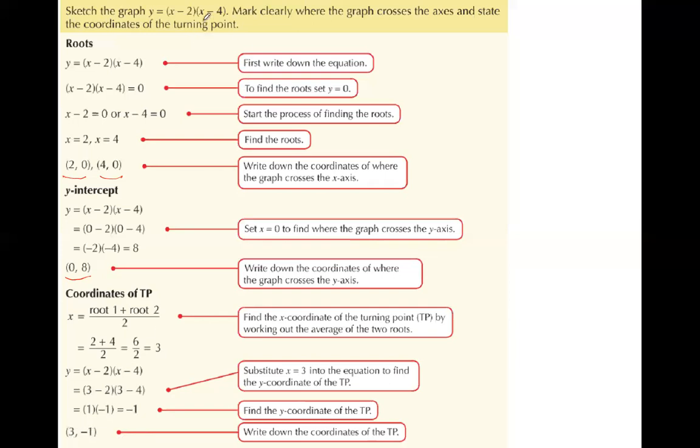So this is not in the completing the square form, but this is given as a factor of x minus 2 times x minus 4, for example. And this is how you would sketch your parabola in this case here, by finding out all these points.